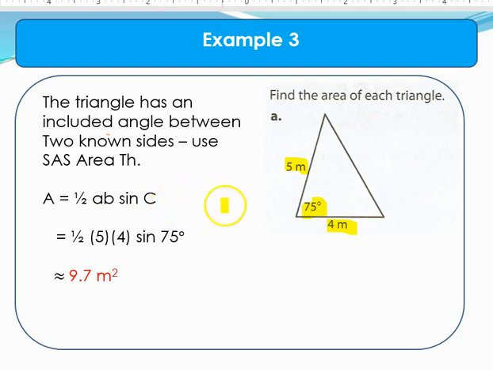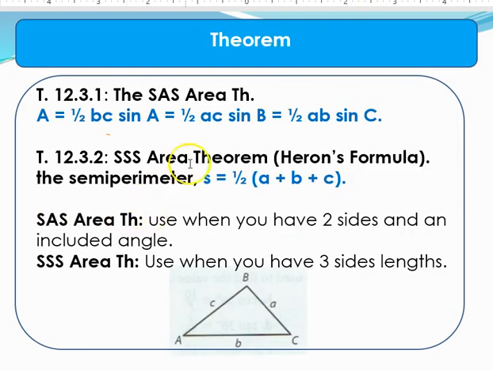And I wanted to point out something here. This triangle has no designated angles. That means that any of the three formulas they gave you for this, and let me show them to you again. We had area equals either 1/2 BC sine A, or it equals 1/2 AC sine B, or 1/2 AB sine C. So you can use any of those formulas.